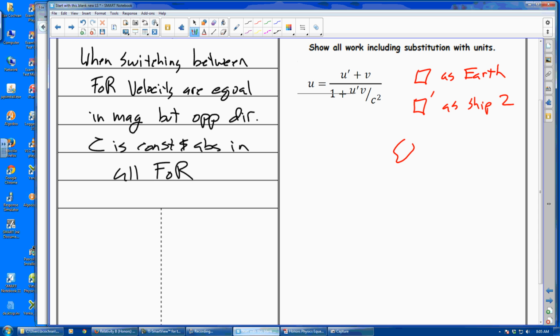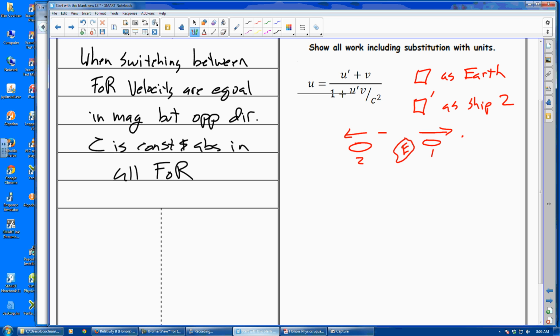Here's my Earth. We have ship 1, and we have ship 2. Whoops. Not drawing very good ships this morning. Must be Friday.